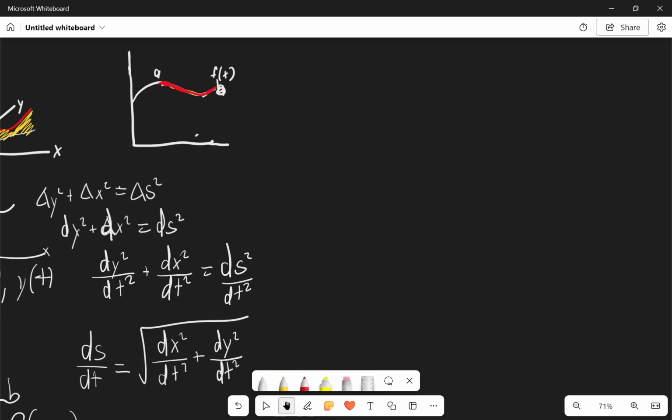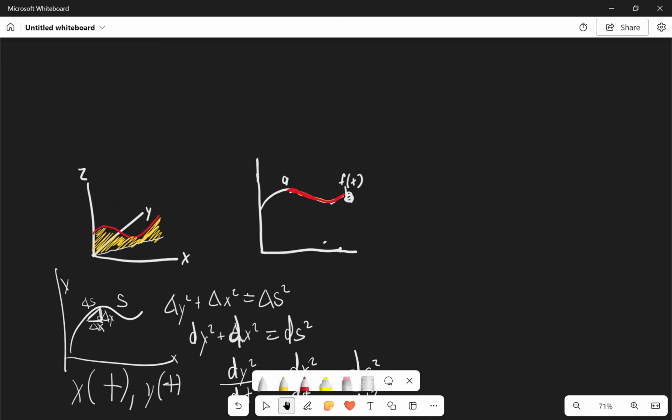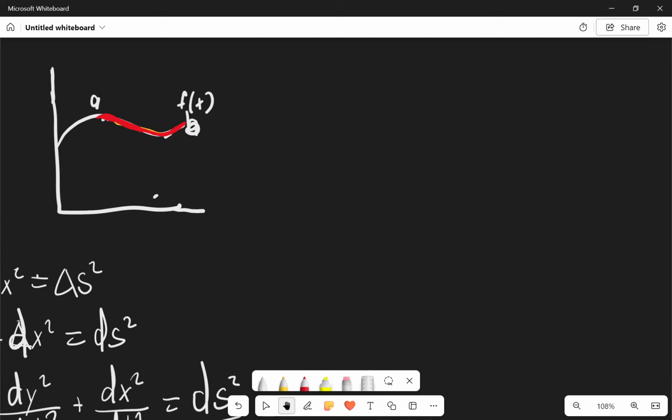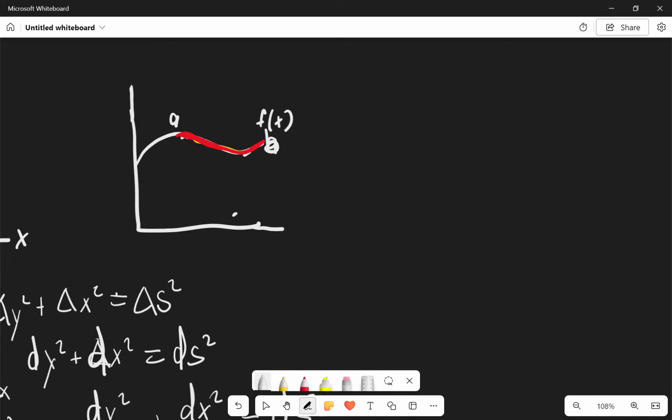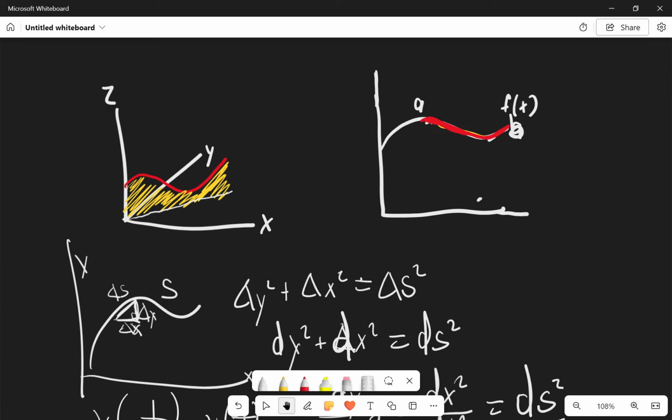And do you remember what I said about the arc length and the integral? Basically it's the same idea as in single variable calculus.